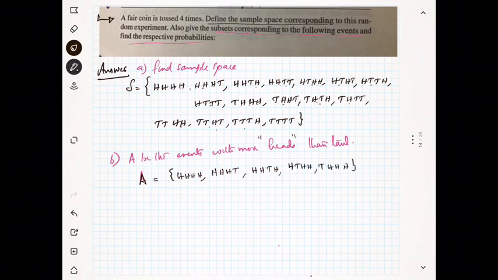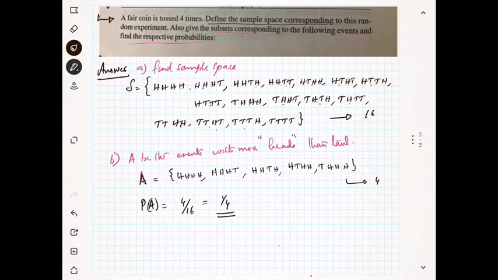So these are the events where the number of heads is more than the tails. So 4 cases are there. The sample space has 16 outcomes and this event has 4. So what is the probability of A? Probability of A is 4 over 16, which is 1 by 4.